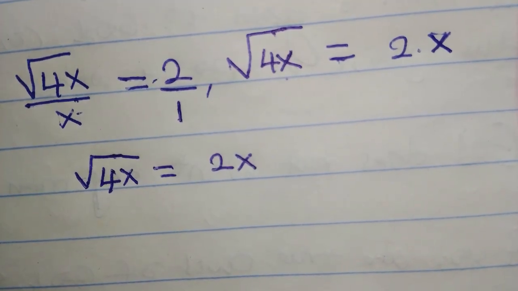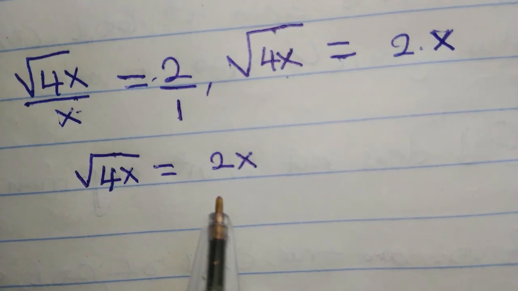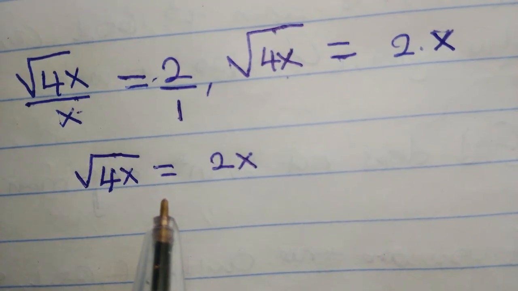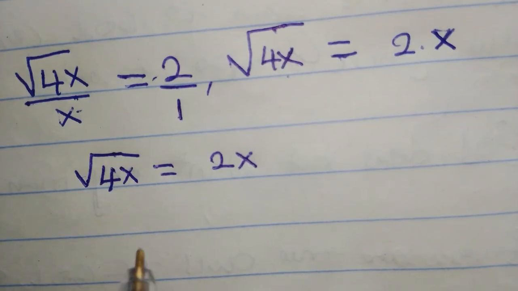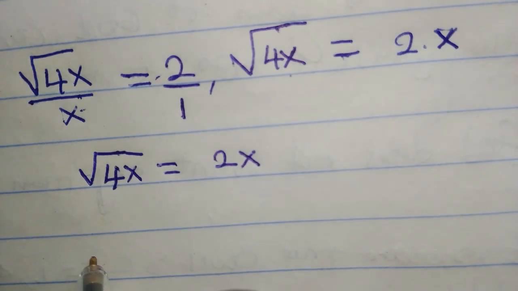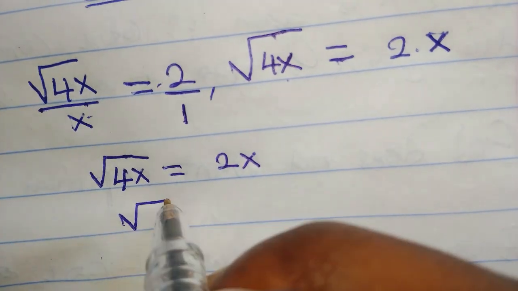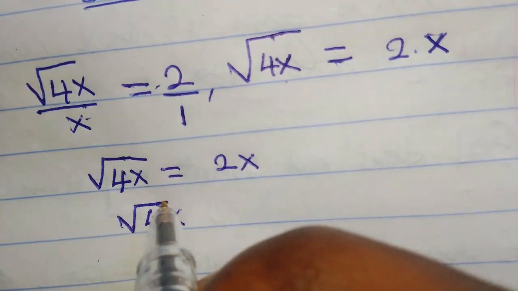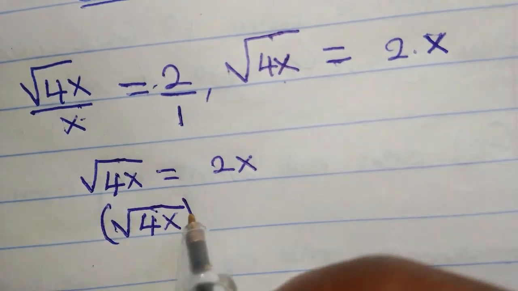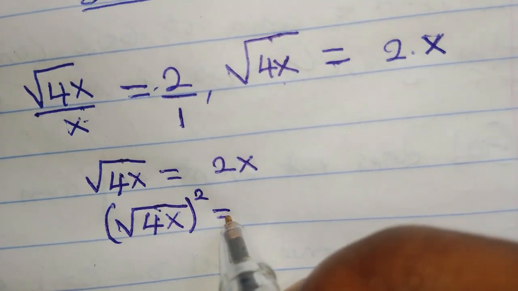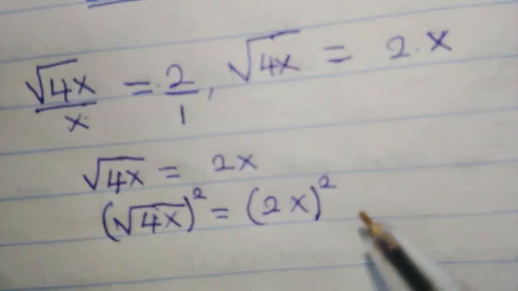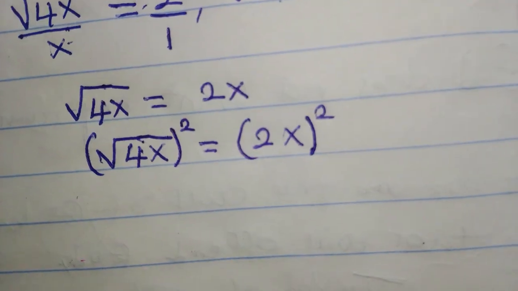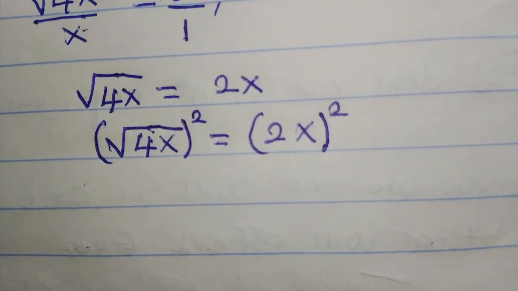So having done this, the next thing we are going to do is to square both sides. If we square both sides, we have the root of 4x all squared equals 2x all squared.